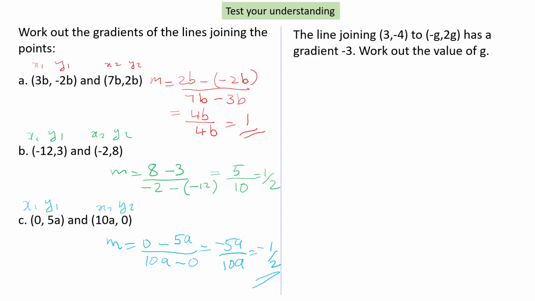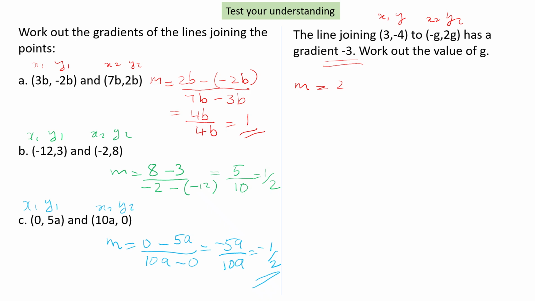The line joining (3, -4) to (-g, 2g) has a gradient of negative 3. Work out the value of g. So the gradient m equals this one, x1, y1, x2, y2.